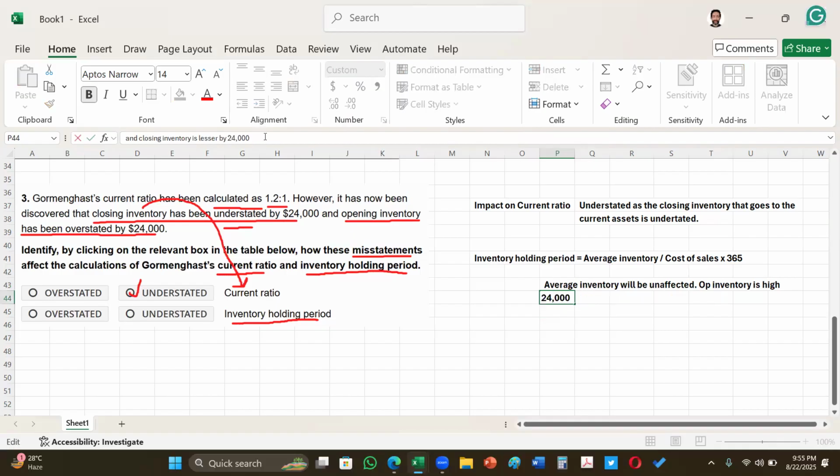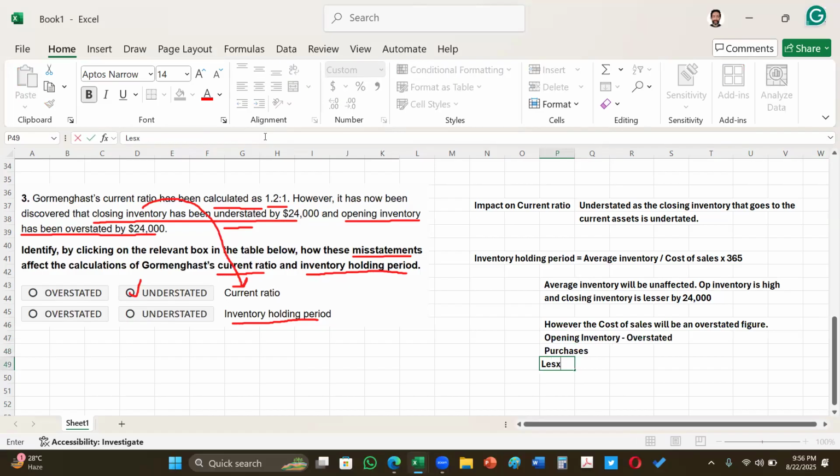Fine. But when it comes to the calculation of cost of sales, the cost of sales will be an overstated figure. Why? Because the opening inventory is overstated, add purchases and less the closing inventory.